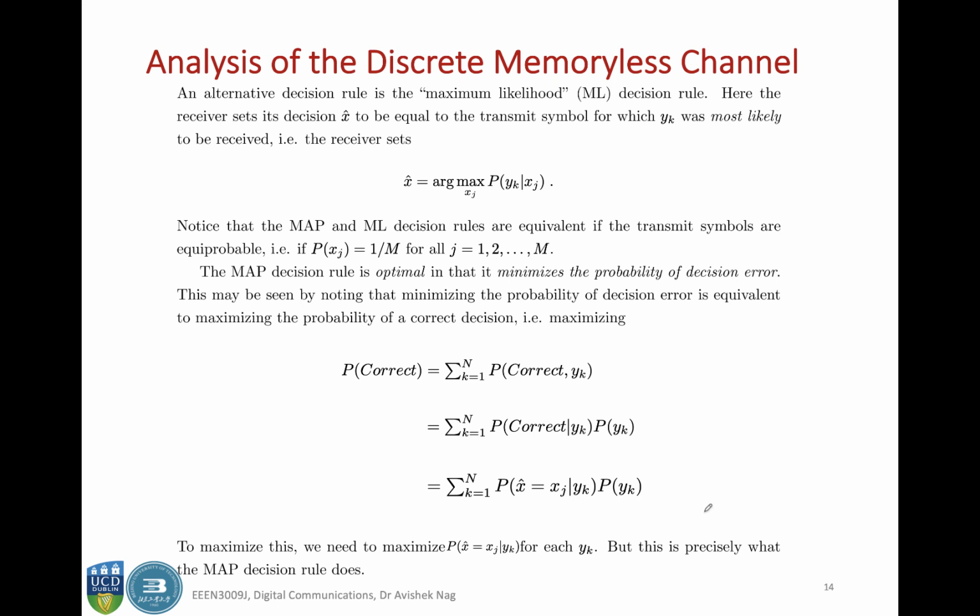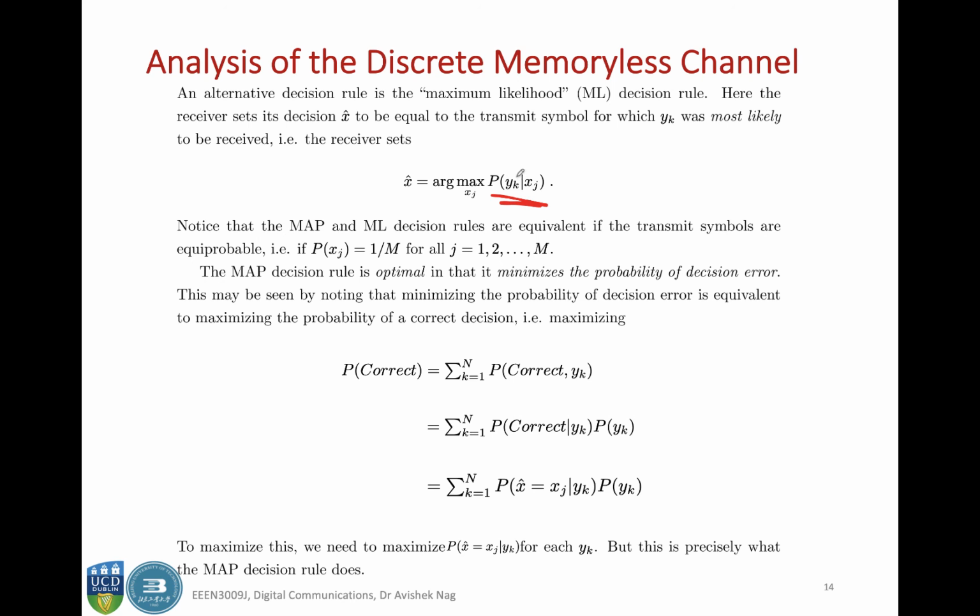and you can also do it from a different perspective. So there can be an alternative decision rule as well. So you can say that your optimum decision rule is that value of xj that maximizes the transition probability.